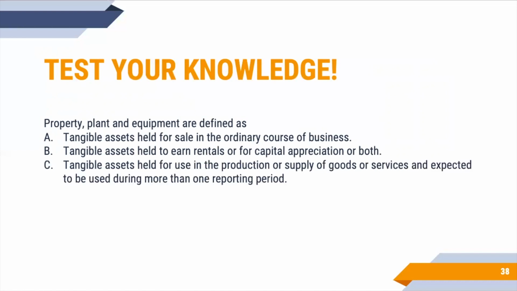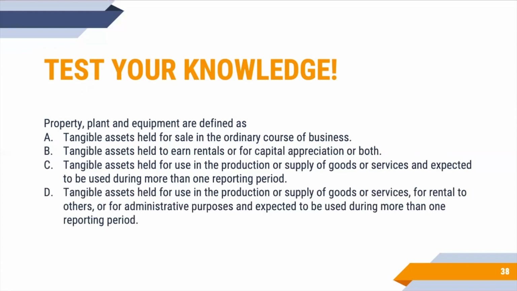C. Tangible assets held for use in the production or supply of goods or services and expected to be used during more than one reporting period. Or D. Tangible assets held for use in the production or supply of goods or services for rental to others or for administrative purposes and expected to be used during more than one reporting period. Comment down below your answer. I-reply ko kung tama ka.